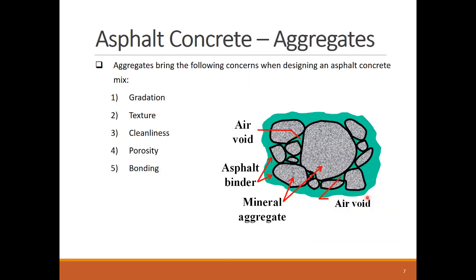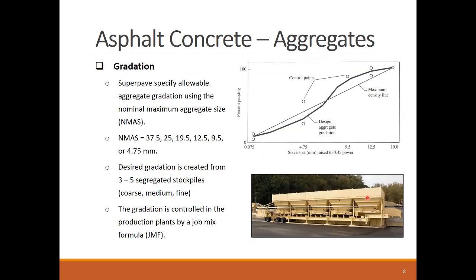There are 5 main considerations when selecting aggregate in an asphalt concrete mix. Let's briefly cover each of them. Well-graded aggregate is a requirement for strong asphalt concrete. Superpave specifications define the required gradation of each standard mix using its own value of nominal maximum aggregate size, or N-max, and corresponding control points.